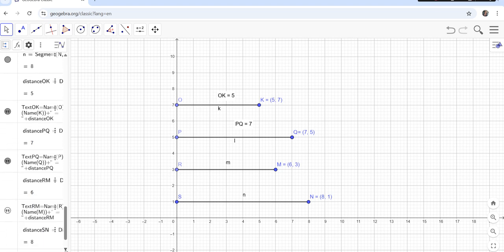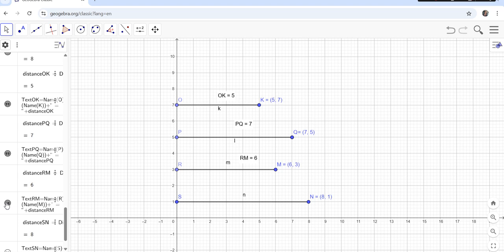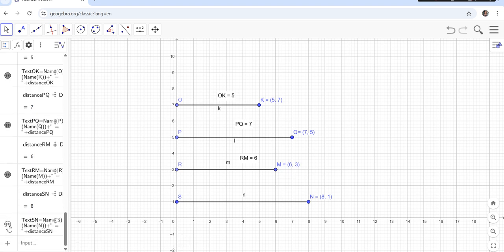In the same way, we'll check the length of perpendicular line segment to the y-axis, RM, whose length is 6 unit, and we can see the x coordinate of point M is also 6. In the same way, the length of line segment SN is 8, and the x coordinate of point N is also 8.